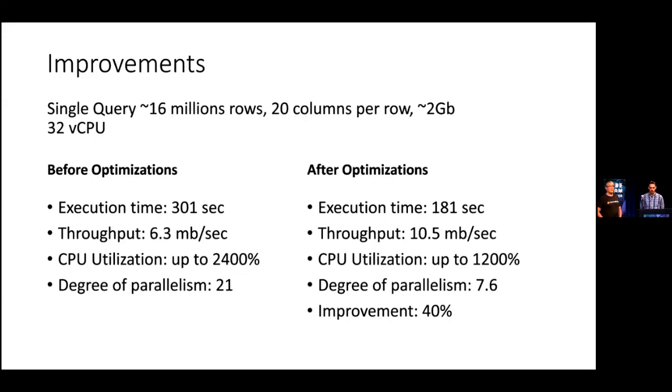We are now converting data at a much higher rate. The CPU utilization dropped by half, and the degree of parallelism also dropped significantly. The degree of parallelism is, on average, how many chunks we convert at the same time in parallel.